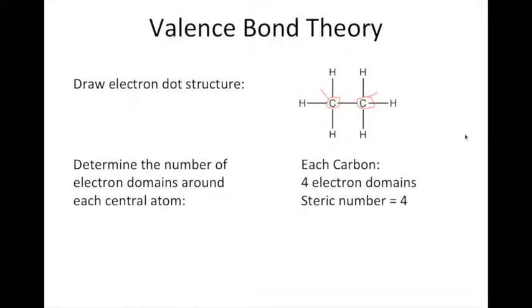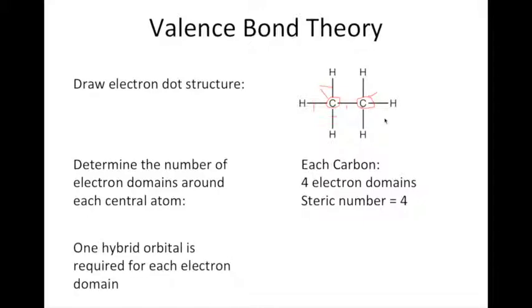So each carbon has 4 electron domains. You can see 1, 2, 3, 4 bonds for each carbon, so we have a steric number 4. Well, if we have a steric number 4, that means that we're going to require 4 hybrid orbitals. Also from our table, you could see that we're going to have sp3 hybridization. So we'll look at that in just a second.